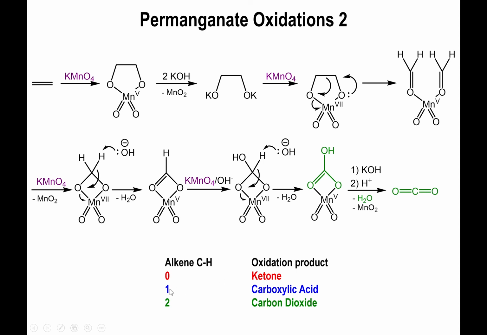If you do have a single carbon-hydrogen bond on the alkene carbon, then you'll end up generating a carboxylic acid. But if 2 carbon-hydrogen bonds are present on the same carbon of the alkene, then that carbon will be turned into carbon dioxide. And these are the sequence of events in which this entire premise takes place. Once more, this is the way I look at it. This is not the official mechanism, but it's somewhat close to it.